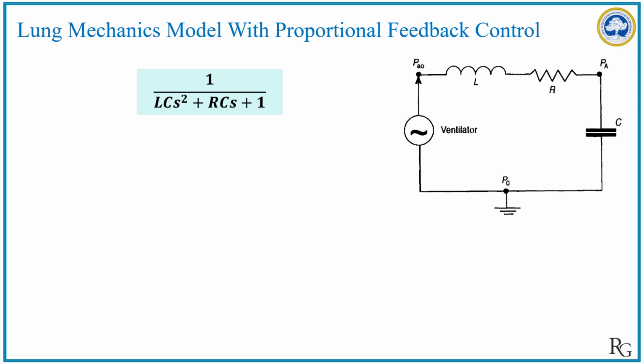In order to control PA, it is necessary to measure this variable and feed the measurement back to the controller. In practice, this can be achieved by measuring the pressure in the mid esophagus with an esophageal balloon, since fluctuations in the esophageal pressure have been demonstrated to closely reflect the fluctuations in the alveolar pressure, that is PA.